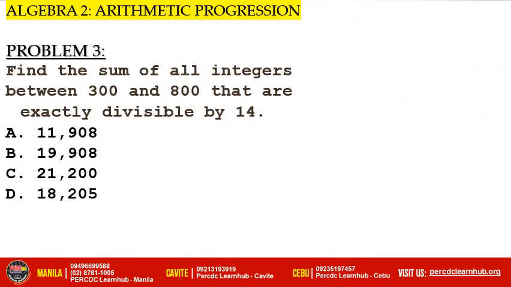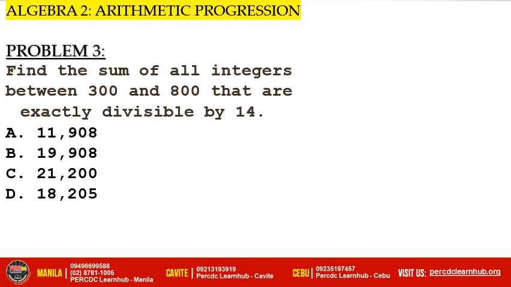Problem number 3, find the sum of all integers between 300 and 800 that are exactly divisible by 14. Take note, divisible by 14. Hanapin natin yung first term na malapit sa 300 and hanapin natin yung last term na malapit sa 800.